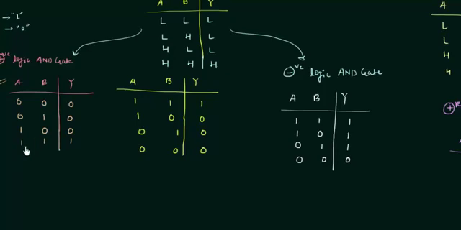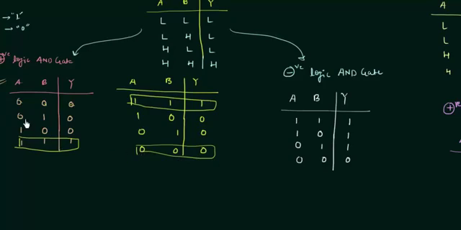When A and B are 1, the output is 1. In the same way, when both of them are 0, the output is 0. And for the remaining 2 cases, the output is 0. So these 2 tables are the same.